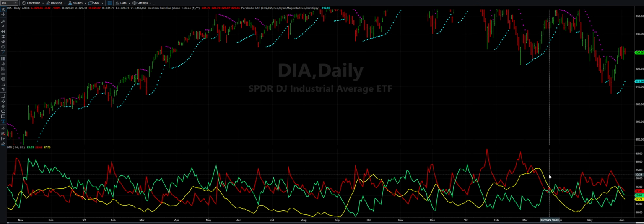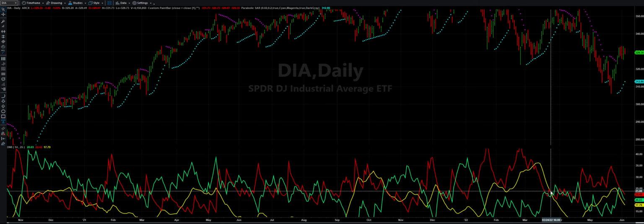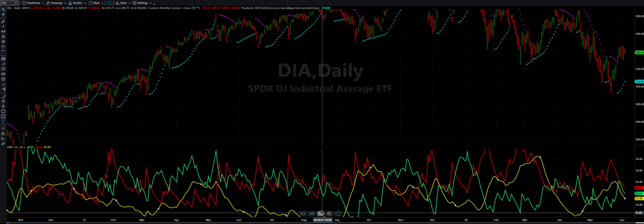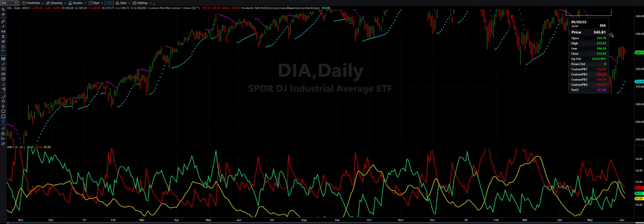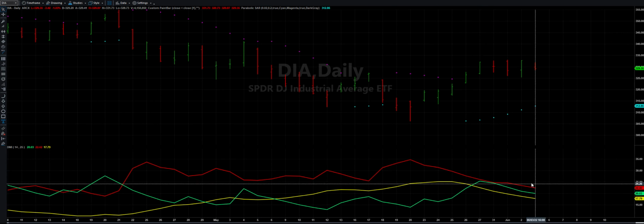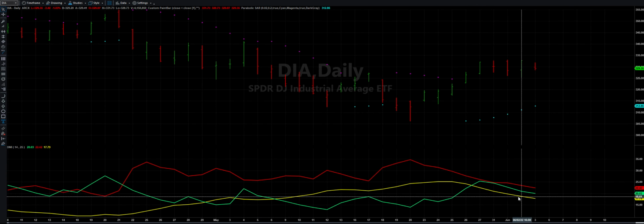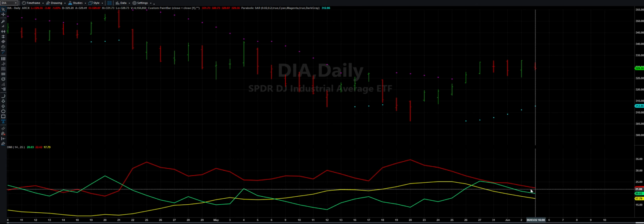If we look at the DMI, the ADX indicator, directional movement indicator, we notice that the red line and the green and the yellow are all pointing down. That's not good.